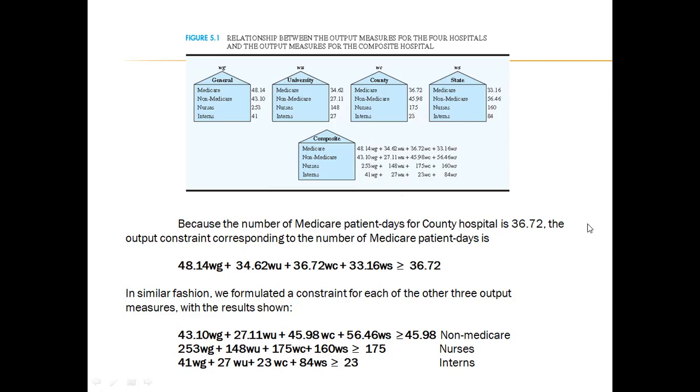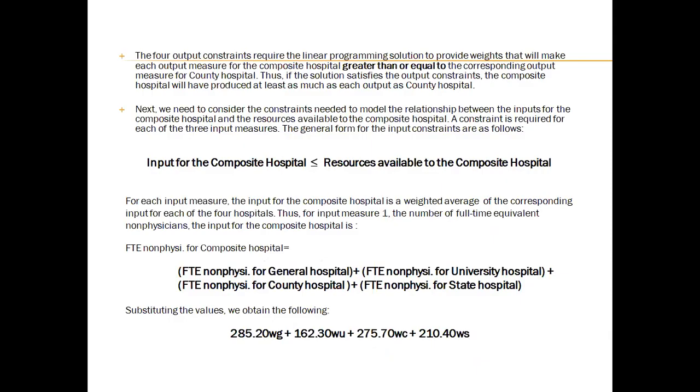And then the last one is the interns trained: 41 WG plus 27 WU plus 23 WC plus 84 WS is greater than or equal to 23, the last one, or the fourth one that is under the WC house. So that's basically our constraint for each of the other three output measures.